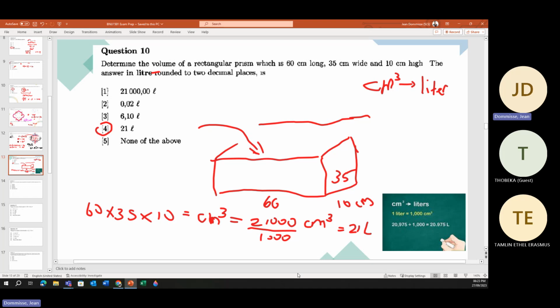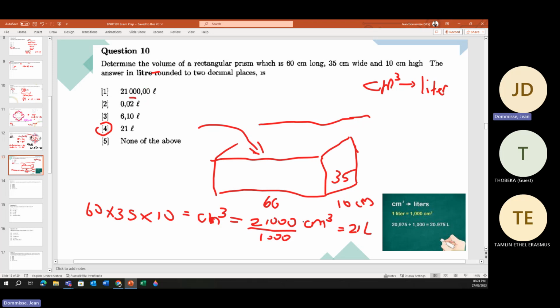So the volume one was a bit different because normally, and you can see for 21,000 cubic centimeters, there was also an option.